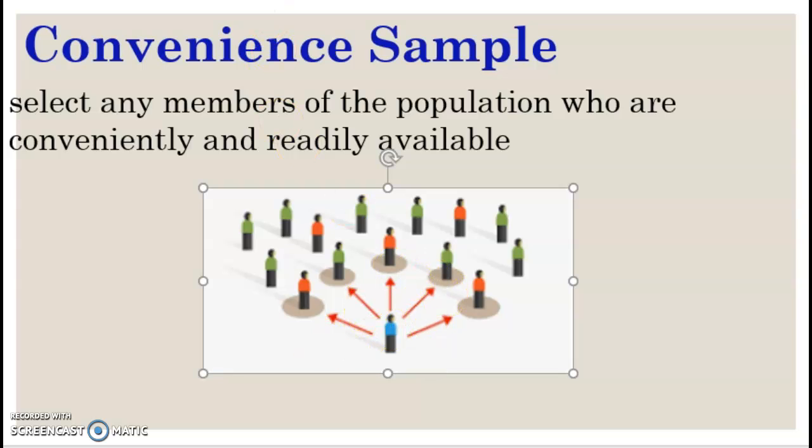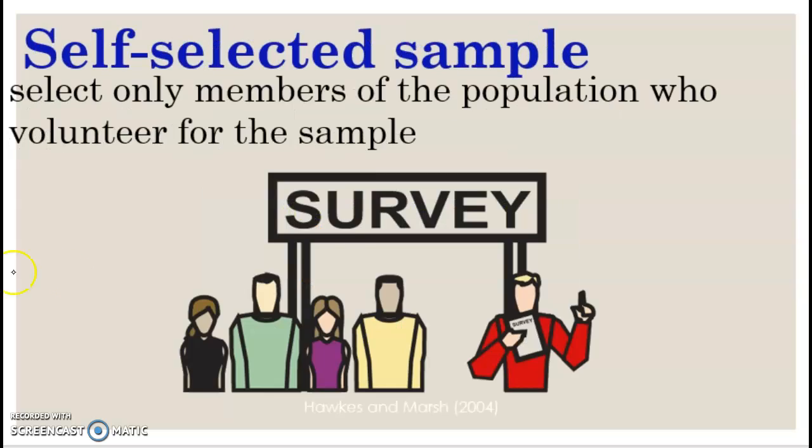Right there, you can see they picked the first people that are right here. They might have oversampled the orange because if you look, there's only 5 oranges and 9 greens. So they really have oversampled the orange people here versus the green because they picked it conveniently.